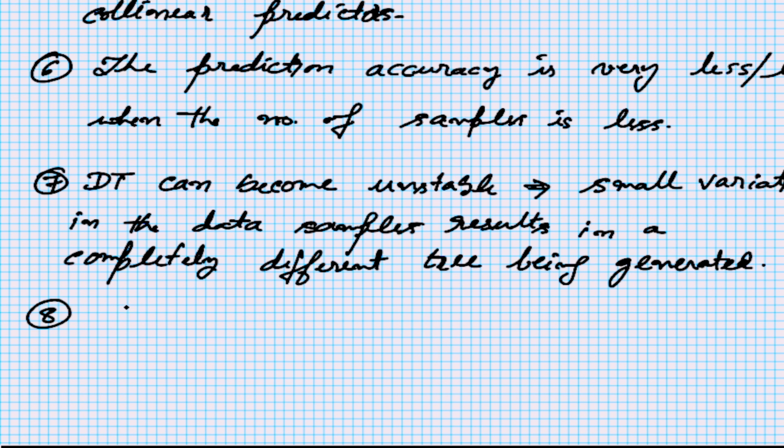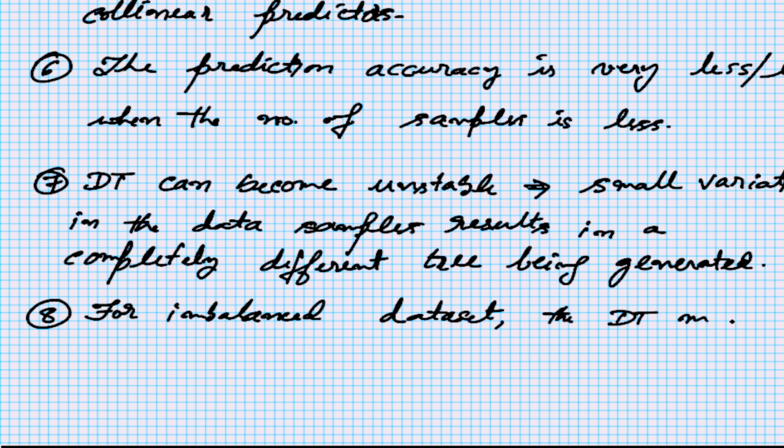All right, so let me try to write that in a sentence. For imbalanced data set, the decision tree makes biased classifications.